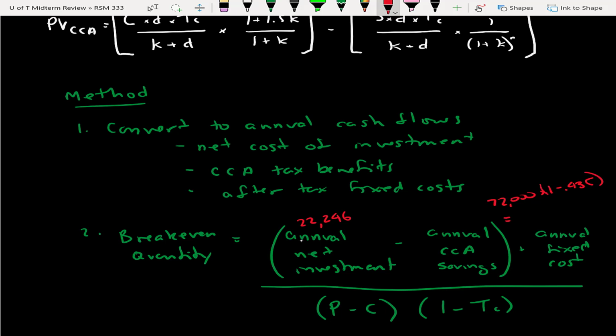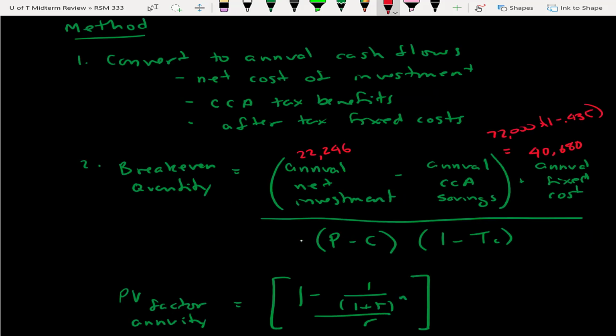We don't have to take a present value of that one because it's going to be the same amount every year. That works out to 40,680.